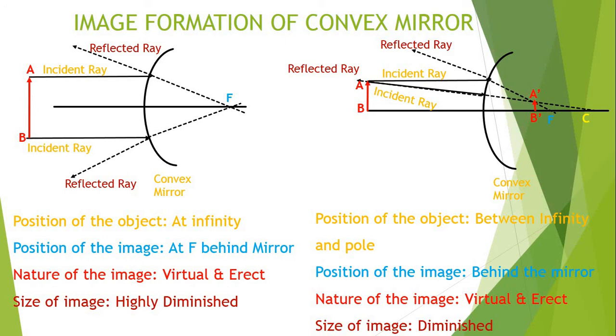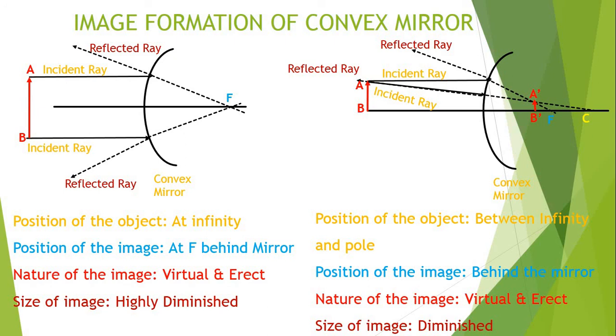By this concept you can also summarize the difference between concave and convex mirrors, as the positions are different in both mirrors. The images formed in both mirrors are quite different. A convex mirror will always give you a virtual and erect image, whereas in the case of the concave mirror, the image in 5 cases is real and inverted, and in one case it is virtual and erect.